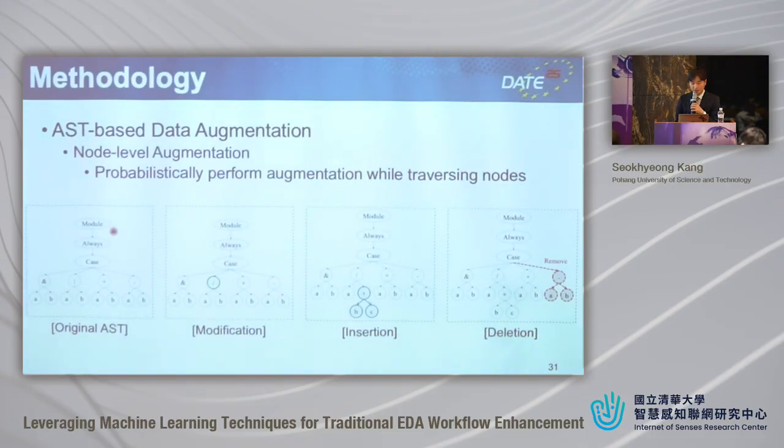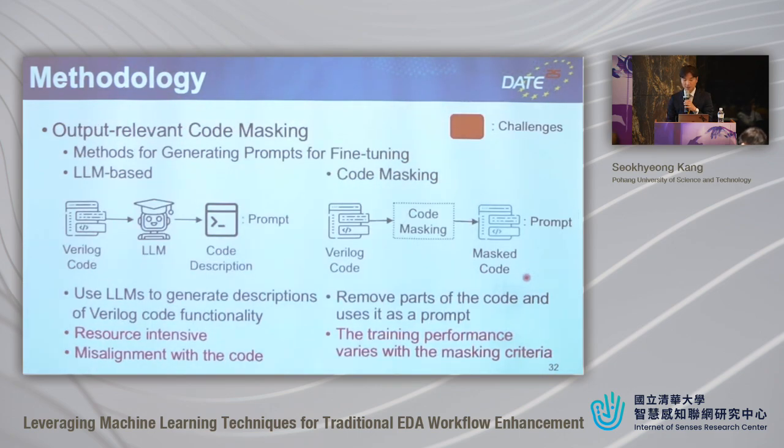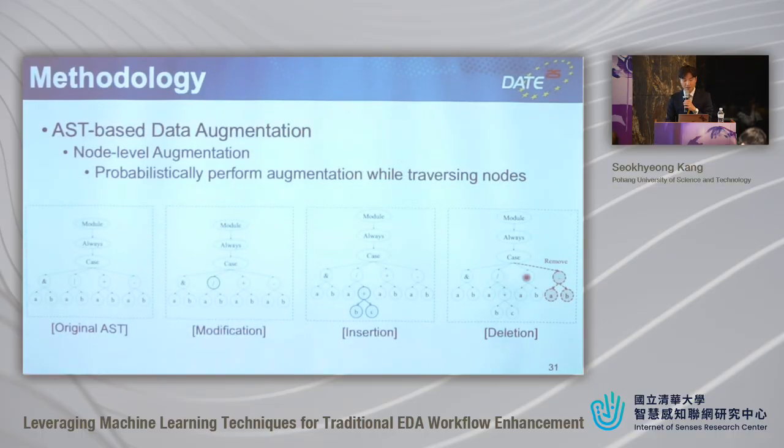This is the original AST, and this is some modification of the operators, and we can insert some nodes or delete some nodes. So this AST-based augmentation cannot generate very different Verilog from the original one, but it can make similar but different ones. So it is helpful for the supervised learning.